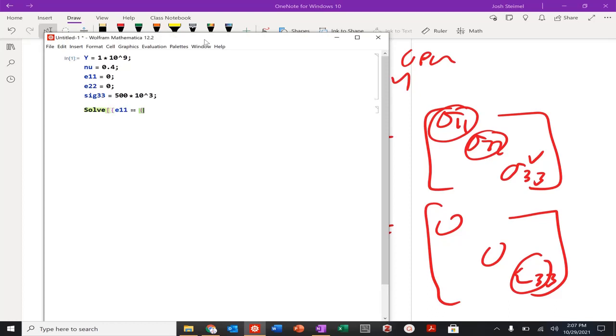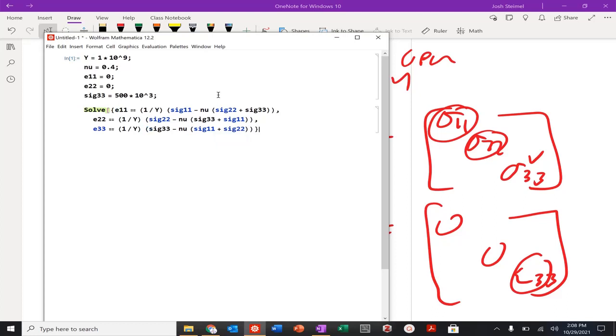E11 set equal to 1 divided by Y times sigma 11 minus nu times sigma 22 plus sigma 33, and there we go, and then I'm going to do E22, set that equal to 1 divided by Y times sigma 22 minus nu times sigma 33 plus sigma 11, and then finally E33, set that equal to 1 over Y times sigma 33 minus nu times sigma 11 plus sigma 22.